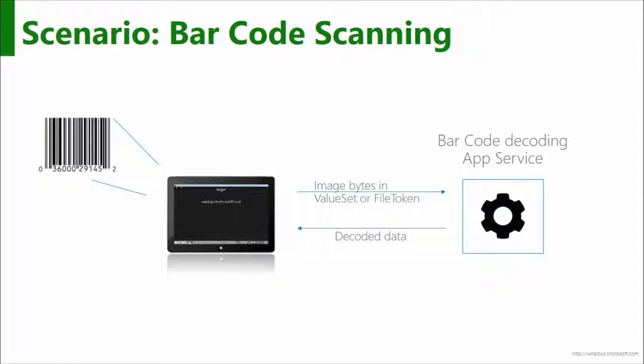Think of a barcode scanning example, where a foreground app can capture an image and just send those bytes over to a decoding app service, and you can use that over and over, and all the smart stuff about decoding sits in that app service. And because it's an app, you can revise it and issue updates, and it's updated through the store mechanisms just the same as anything else. So a very nice way of providing a good service that you can maintain. Decoupled nicely, yeah, that's cool.